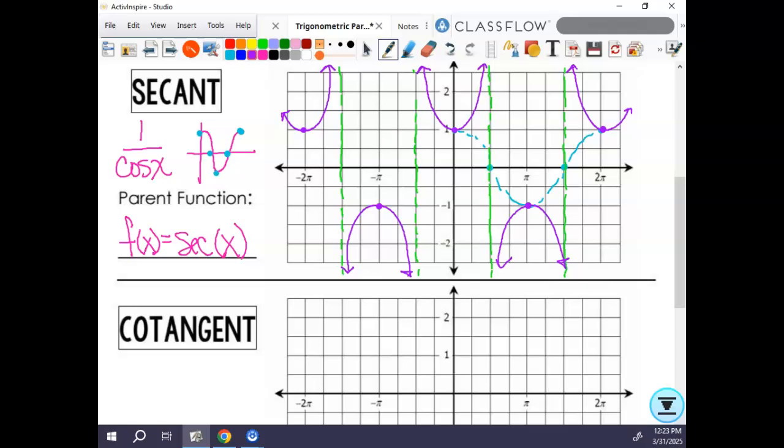Okay. Any questions at this point? Do you see how they're related to each other? And how you can just use what you know about sine and cosine to help you get things about secant and cosecant. Still just focusing on sine and cosine, right?